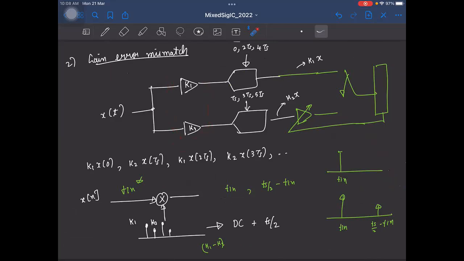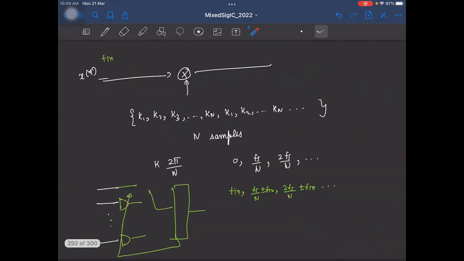With gain error mismatch, for a 2-channel or 2x interleaved case, along with the input sinusoid, you also have a sinusoid at Fs by 2 minus Fin. Again, this can be corrected easily by adding gains in the digital domain. You calibrate these digital gains so as to minimize the strength of all these unwanted subtones.